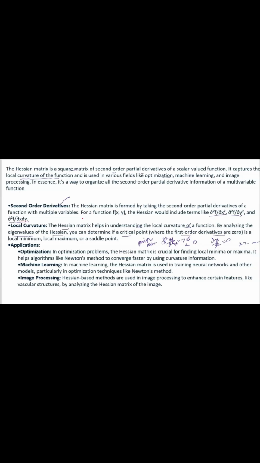Okay. Now let's go for its applications. One is optimization, where it is crucial for finding local minima or maxima. It helps in algorithms like Newton's method to converge faster using curvature information. Most important, and very much in demand right now, is machine learning. In machine learning, Hessian matrix is used in training neural networks and other models, particularly in optimization techniques like Newton's method.